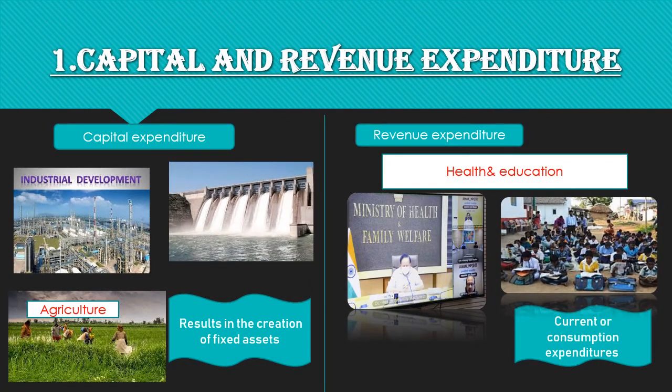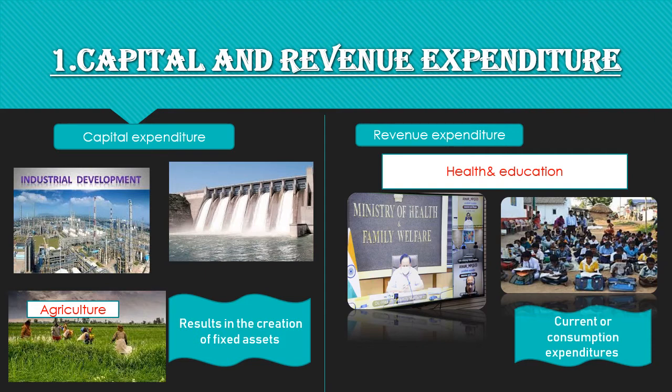So the first point here is capital and revenue expenditure. I'll first explain what capital expenditure actually means. The union government defines capital expenditure as the money spent on the acquisition, purchasing or creating of assets like land, building, machinery, equipment, as well as investment in shares.